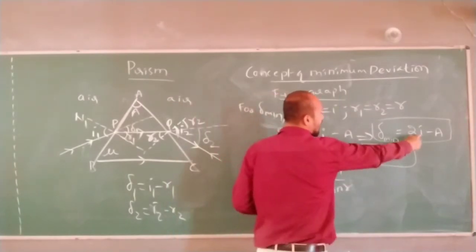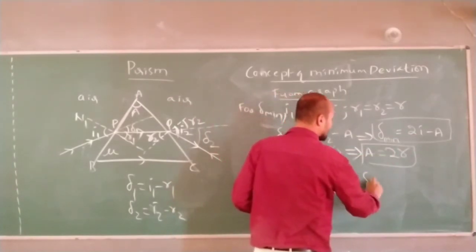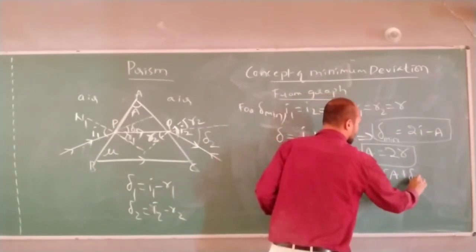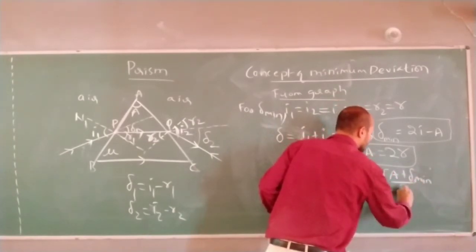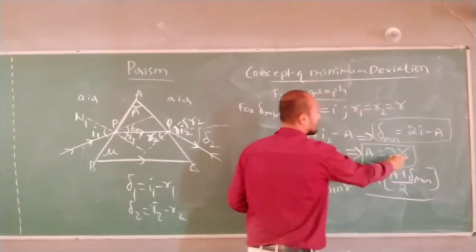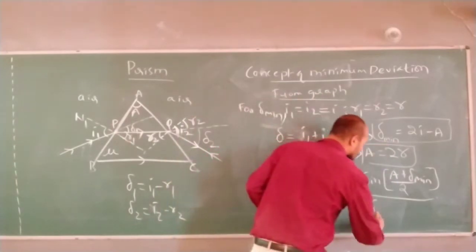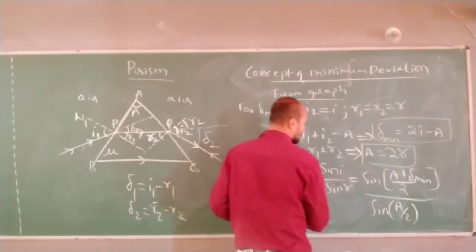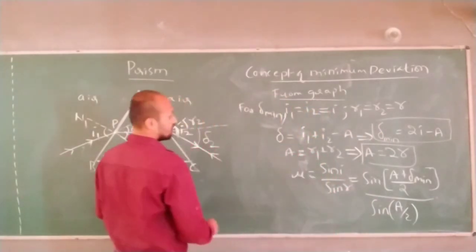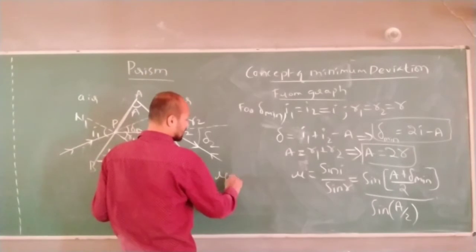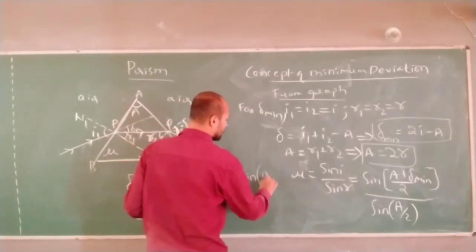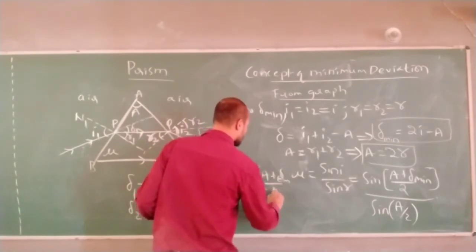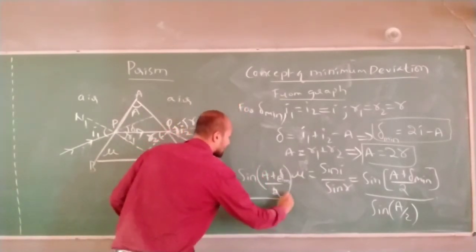I can be written as sin of (A plus δ minimum) divided by 2, whole divided by, here the value of R is A by 2. This is another standard form of refractive index. What is the standard form? Mu is equal to sin of (A plus δ m) divided by 2, whole divided by sin of A by 2.